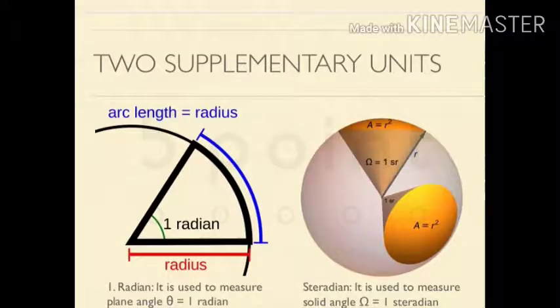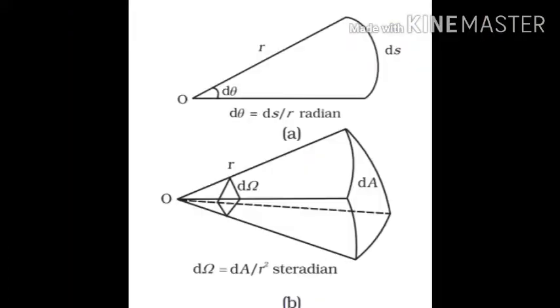With these 7, there are 2 supplementary units also. The supplementary units are angle and solid angle. Now we will learn about angle and solid angle and how we can measure them. A plane angle, with a unit of radian, is defined by d theta as the ratio of the length of arc ds, as shown in the figure, to the radius r.